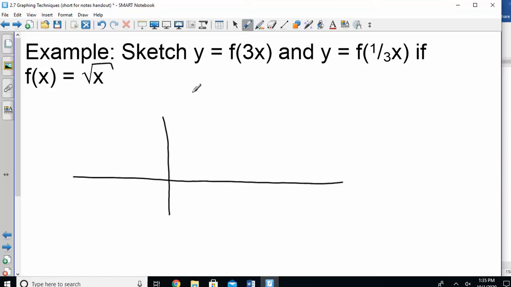You can't plug in negatives. Square root of 0 is 0. Square root of 1 is 1. Another nice number, you could do the square root of 4 is 2. So it looks like that.